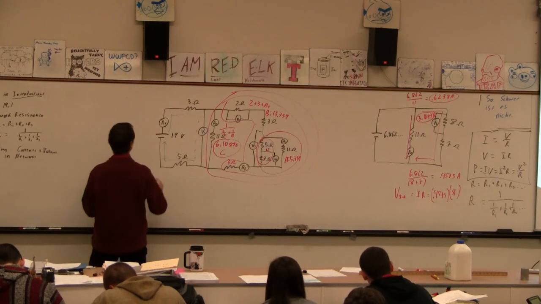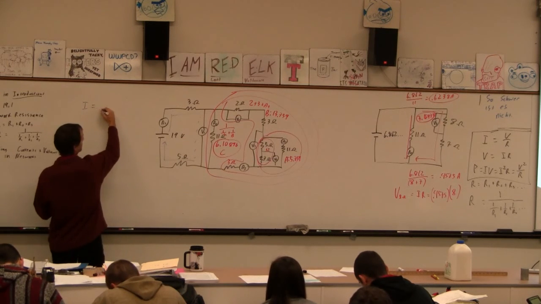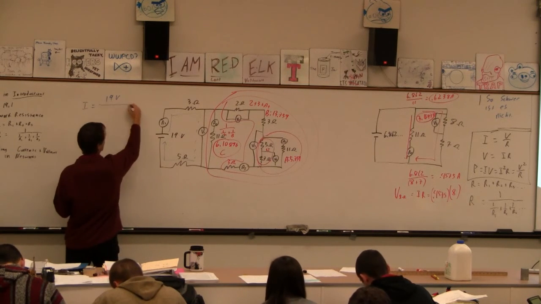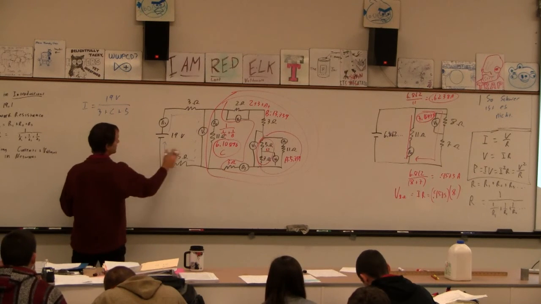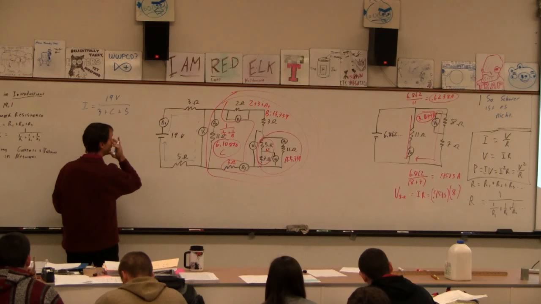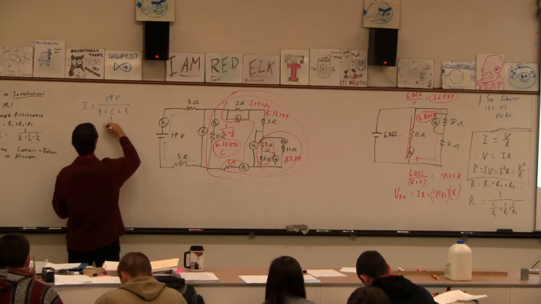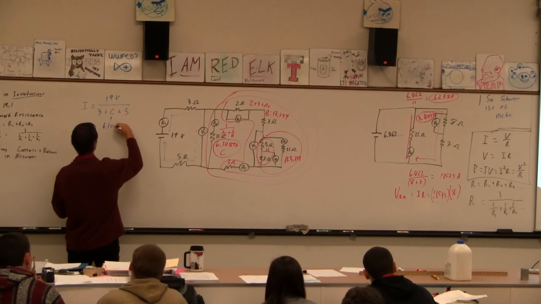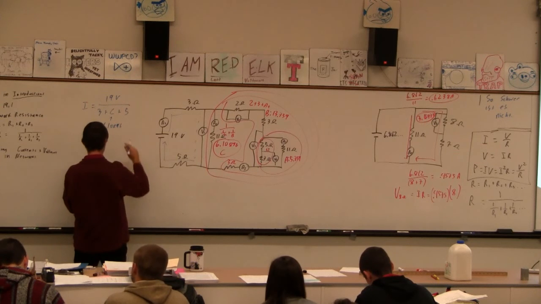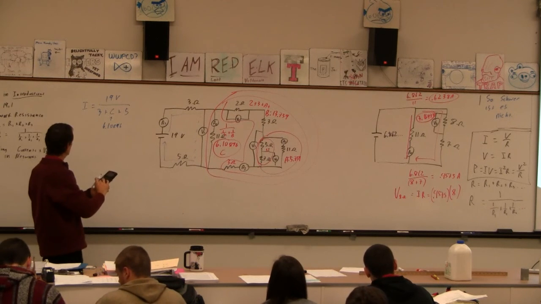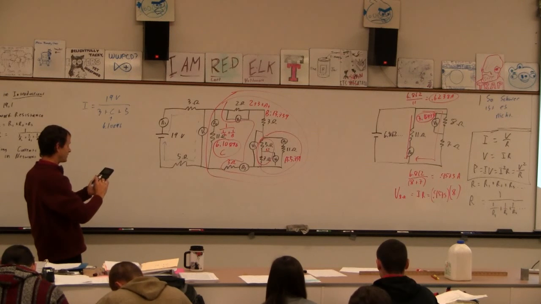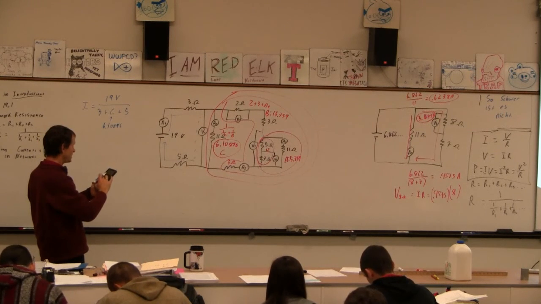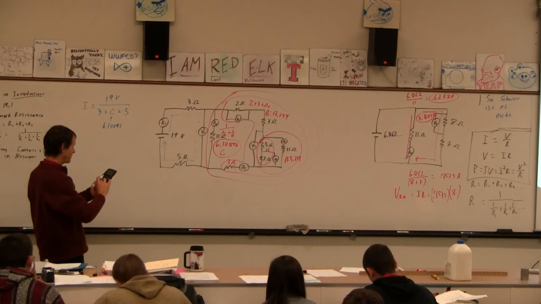That current is 19 volts divided by 3 plus C plus 5, where C is 6.10896. So 19 divided by 3 plus alpha C plus 5.